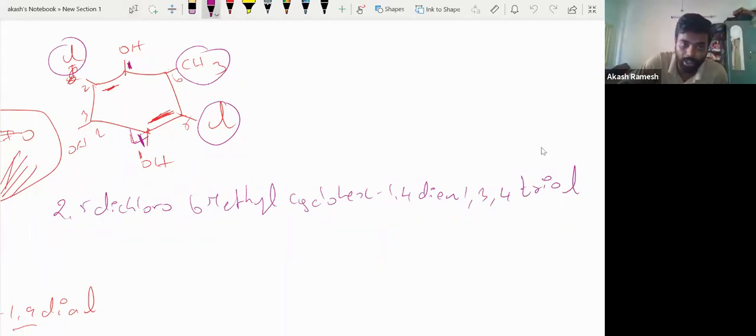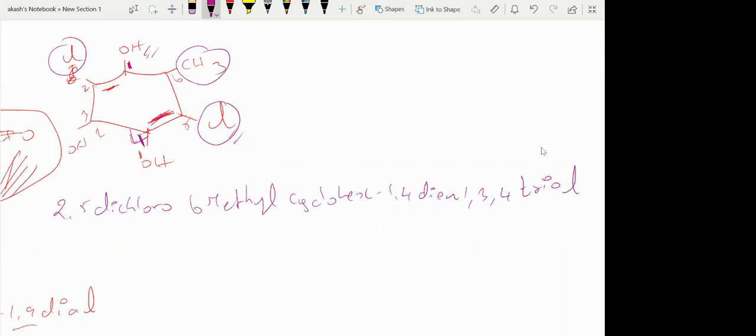What are the functional groups you have here? Cl is here, double bond is here, CH3 is the least priority anyway, and OH is here. So among the three, obviously OH has maximum priority. So that only will give me the primary suffix. I told you, primary suffix is given by the maximum priority functional group, and in this case that is OH. Okay, sir. Got it.